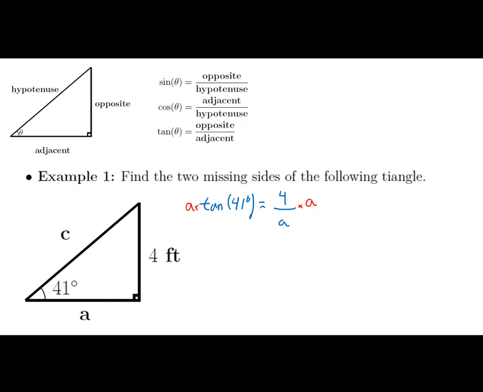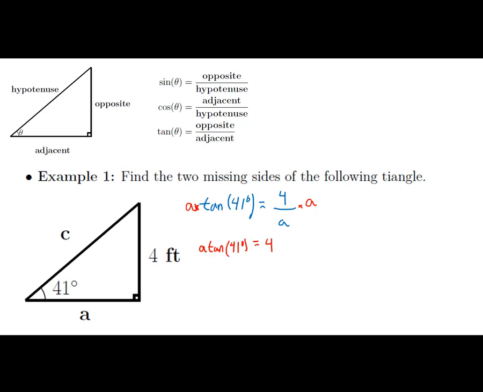And so what I end up with here, that's supposed to be a little times symbol there, is A tangent of 41 degrees is equal to 4. And then of course tangent of 41 degrees, let's just remember that that is a number. You probably don't know that number off the top of your head, but it is a number nonetheless.